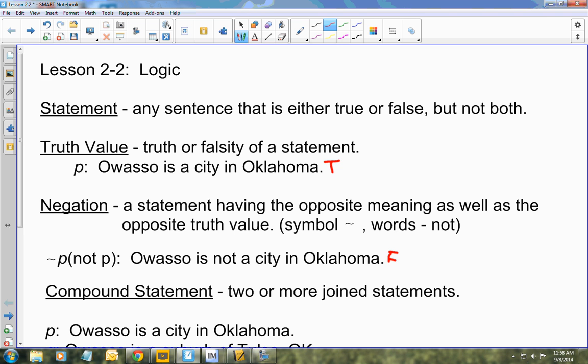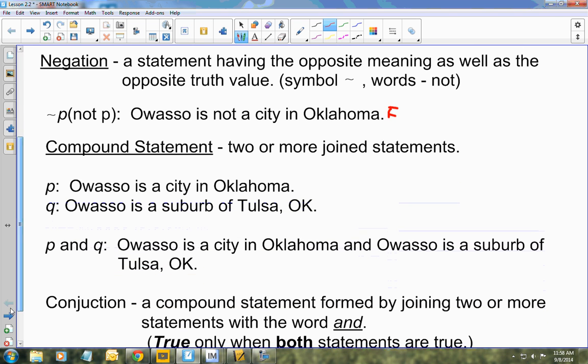All right. Now, if I put two statements together, I get a compound statement. Remember, I told you this is going to be kind of like in English. If you put two statements together, you get a compound statement. So if I have two statements, Owasso is a city in Oklahoma, Owasso is a suburb of Tulsa, Oklahoma, those are two statements. If I join them together with the word and, I create a conjunction. Owasso is a city in Oklahoma, and Owasso is a suburb of Tulsa, Oklahoma.